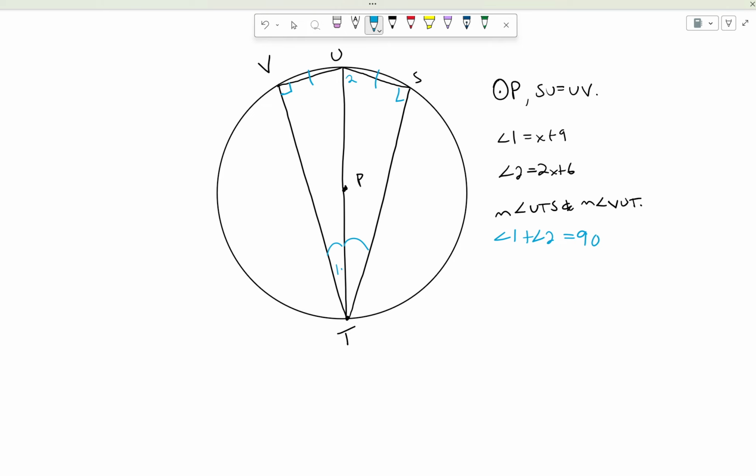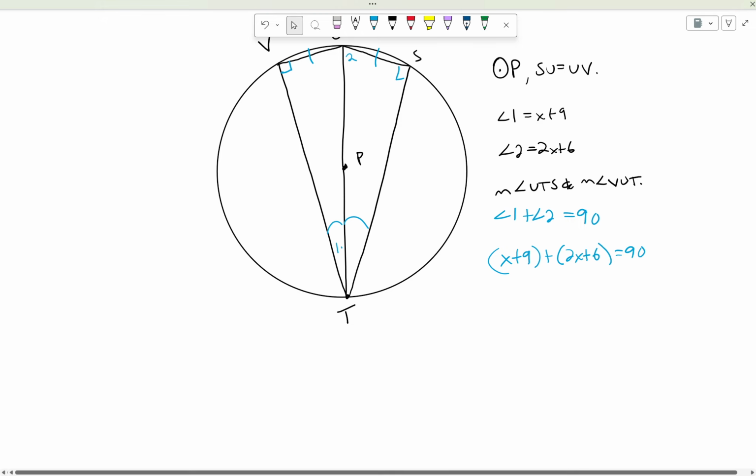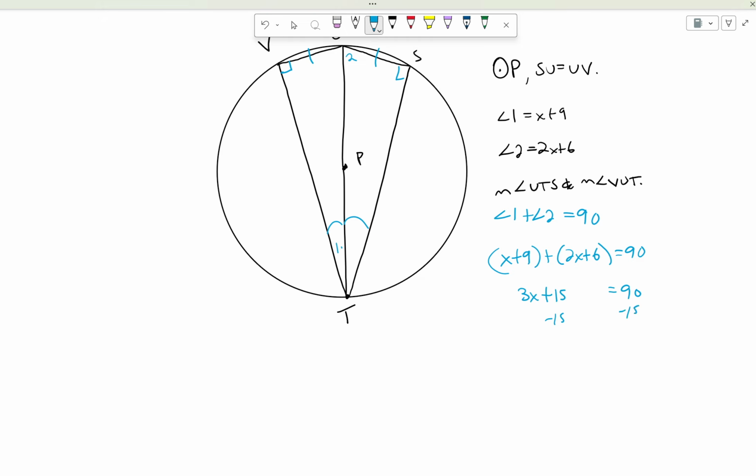So I can actually substitute here x plus 9 for angle 1 plus 2x plus 6. That's equal to 90. So we have 3x plus 15 equals 90. Subtract 15 from both sides. 3x equal to 75, so x is equal to 25.